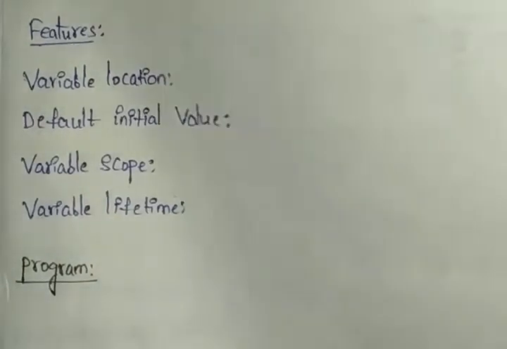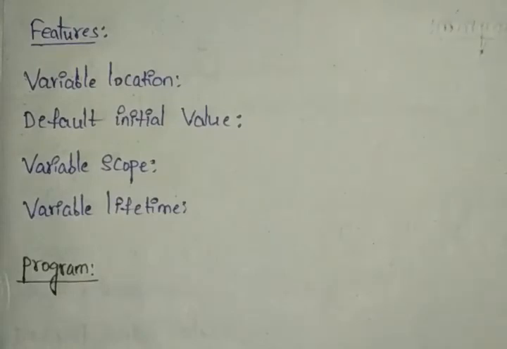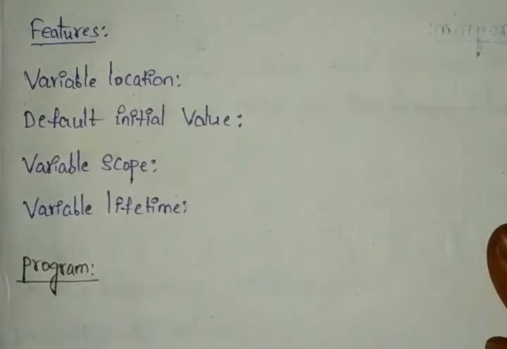First we have the variable location. In the definition, you can store local variables within functions, or else a block, in the CPU register. This means we are not storing in the RAM. RAM is our memory, right? So we are not storing in the memory.